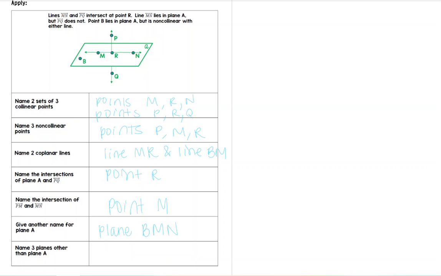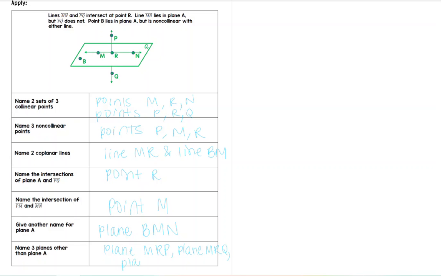So in the last example, it says name three planes other than plane A. That could have been plane MRP, and it would be MRP because you can see that these three are points that are not already on the same plane and they are non-collinear. So that could be a plane. We could also have plane MRQ. M, R, and Q are three non-collinear points that are not on the same plane right now.